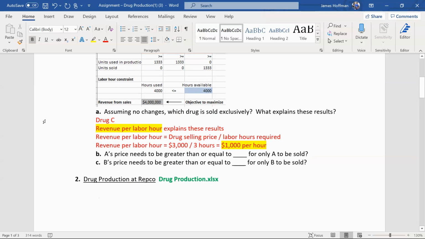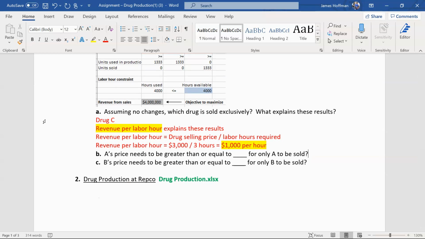Okay, Part B. A's price needs to be greater than or equal to what for only A to be sold? So what we have to do for the other parts of these questions is determine what the market price would have to rise to for it to be equal on a revenue per labor hour basis. What does A's price have to be to give us $1,000 per labor hour?